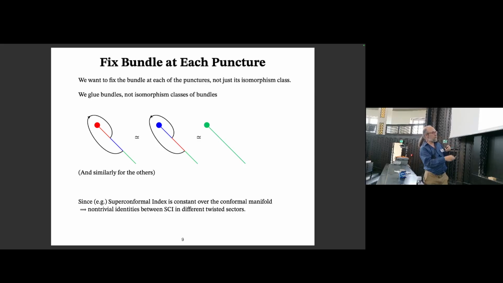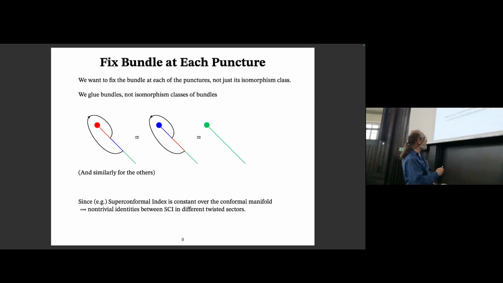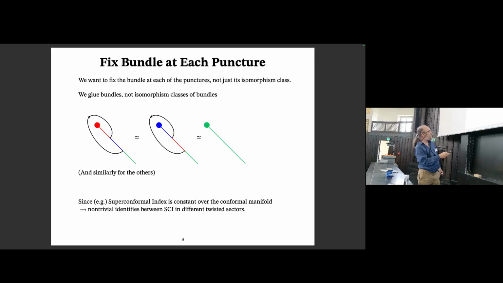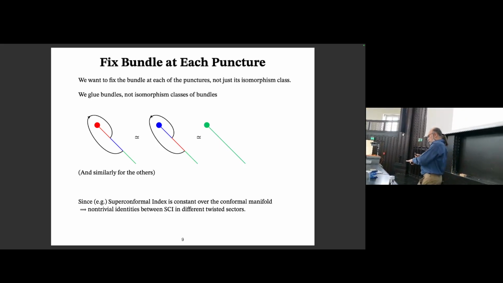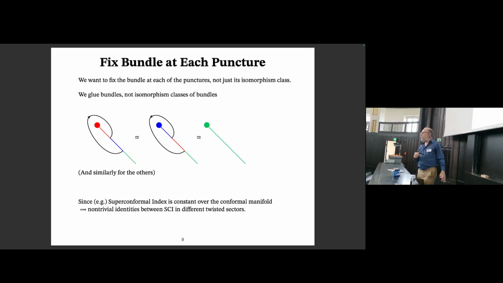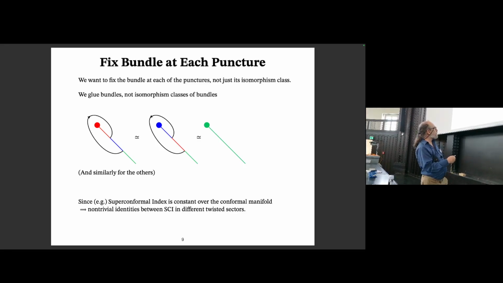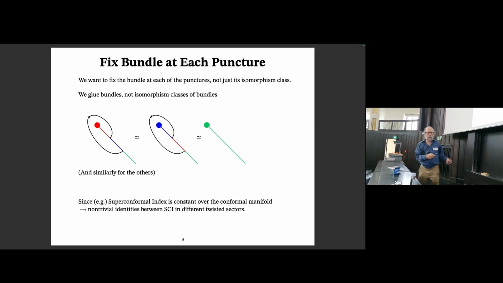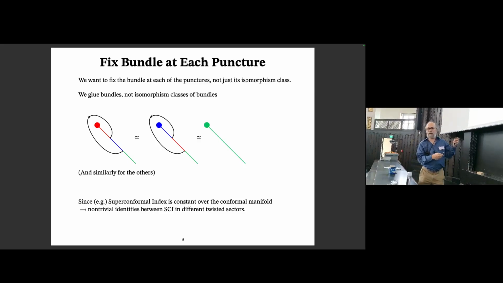So I get something slightly more complicated than what I drew on the previous slide. But you have similar pictures for all of the Dehn twists that you can do. And because the superconformal index is constant on the conformal manifold, this kind of story yields all sorts of interesting identities between the superconformal indices in different twisted sectors that are explained in excruciating detail in our papers.